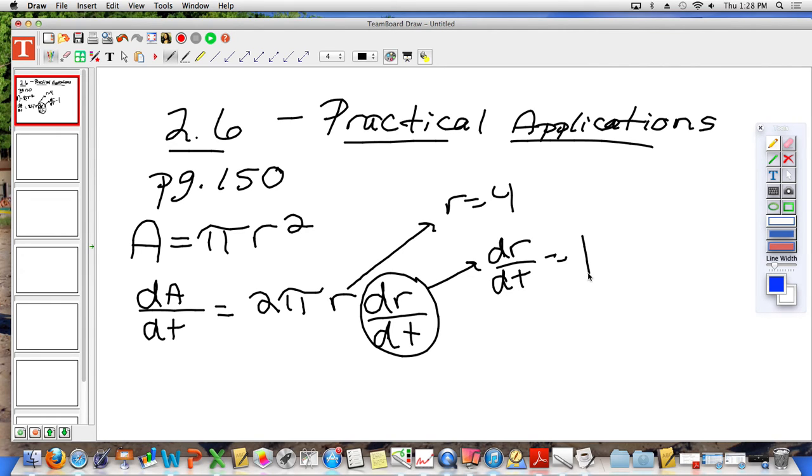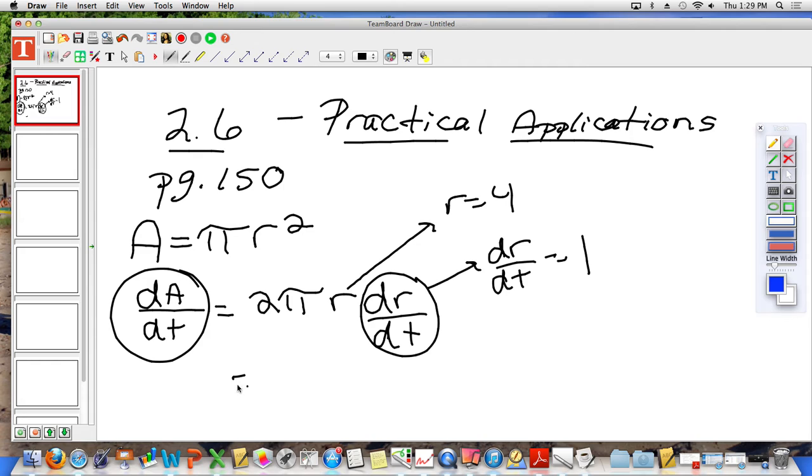Going back to my book, it says, at what rate is the total area of the disturbed water changing? Our job is to figure out dA dt. How quickly is the area changing? We have to solve for dA dt.